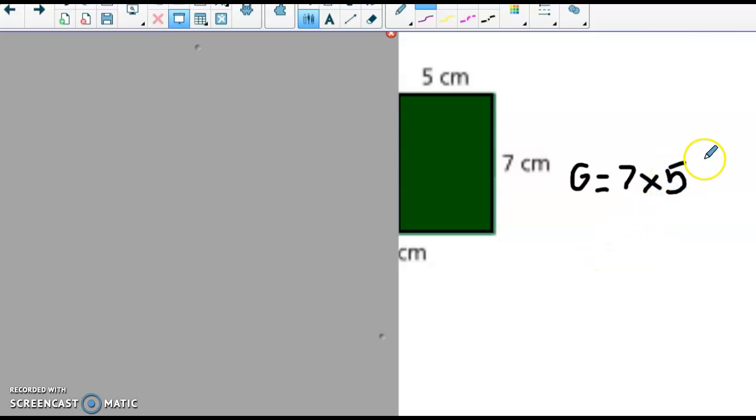Okay. And again, 5s are my friends. I love when we multiply by 5. The area for this rectangle is going to be, if I knew that 4 times 5 was 20, 5 times 5 is 25, 6 times 5 is 30, 7 times 5 is 35 square centimeters.